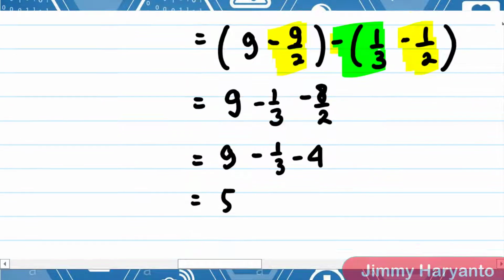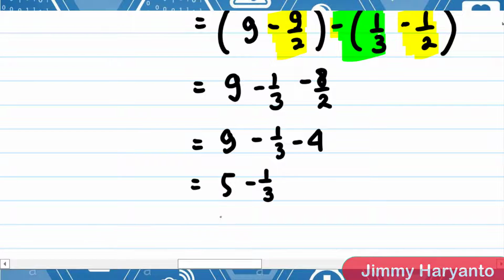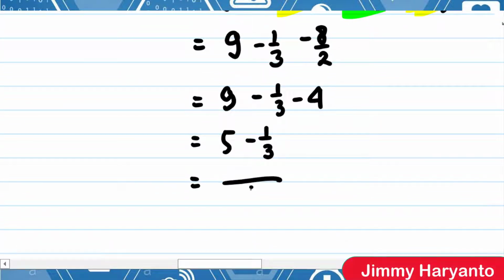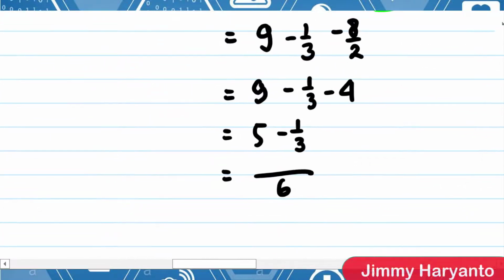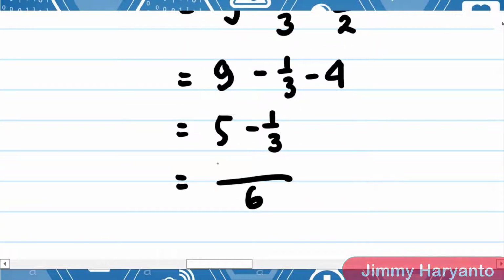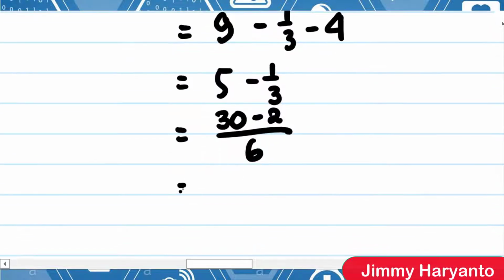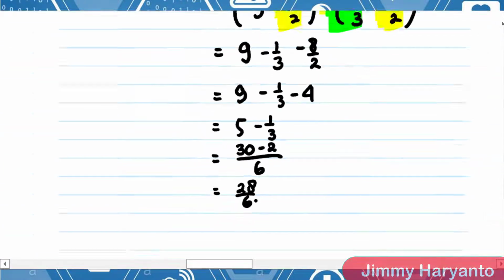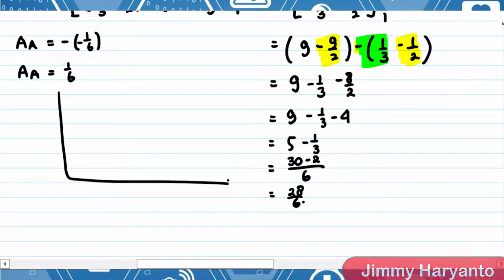You'll have 5 minus 1 over 3. I will make it into 6, because the previous answer is over 6. So you'll have 30 minus 2 over 6, and that means 28 over 6. So both of them will give us the total area equals 29 over 6 square units.